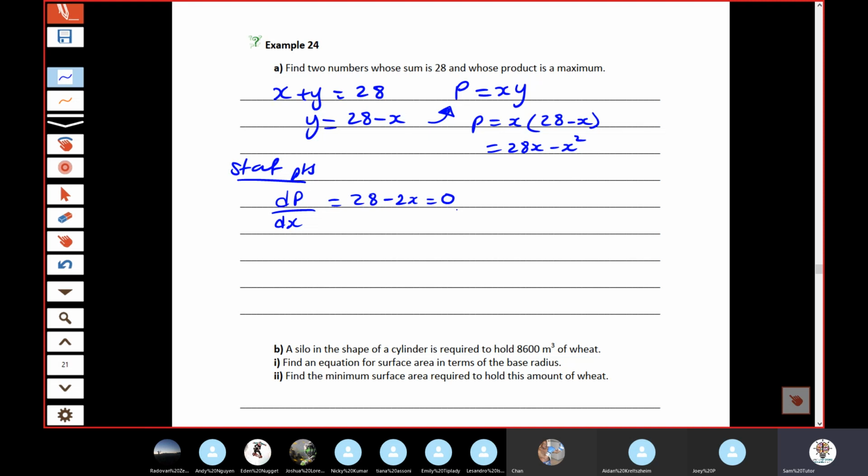Anyone have any questions? No? We'll continue. x equals 14.